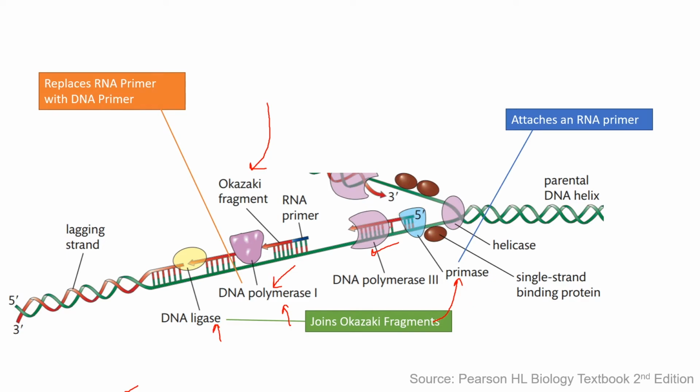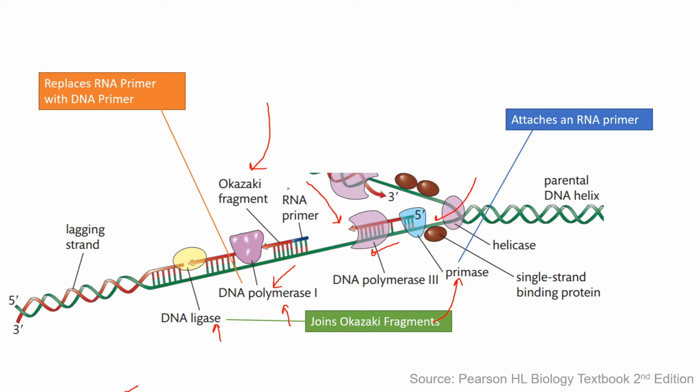So to once again go over it, on this lagging strand, as single-stranded DNA passes through the replication fork, primase attaches an RNA primer. DNA polymerase 3 can therefore attach to the single-stranded piece of DNA and recruit free floating nucleotides from the area and use the parental strand as a template and then build on it.